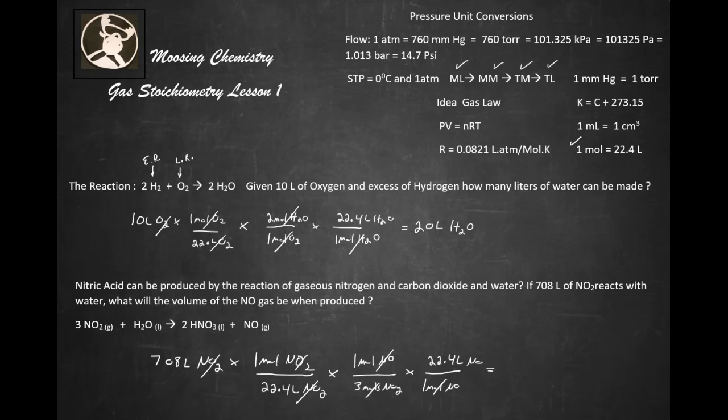We take 708 divided by 22.4, divided by 3, times 22.4, and we get approximately 236 liters of NO. Pretty darn snarly, eh?